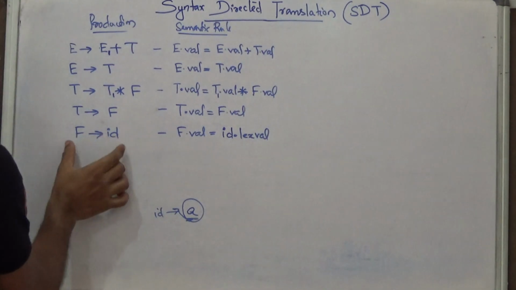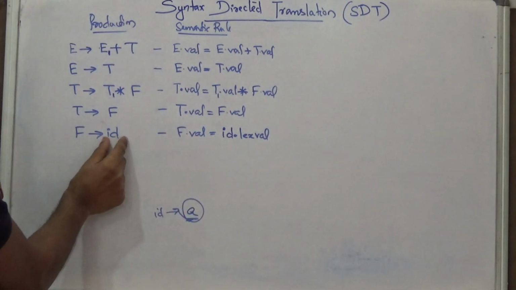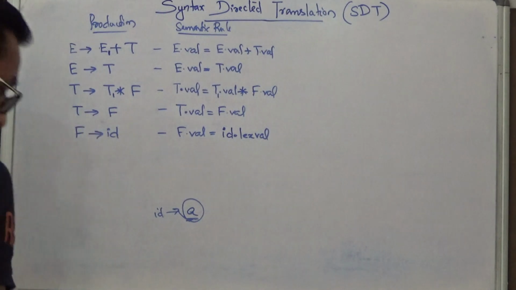So for this production, F.val will get the lexical value associated with the identifier id.